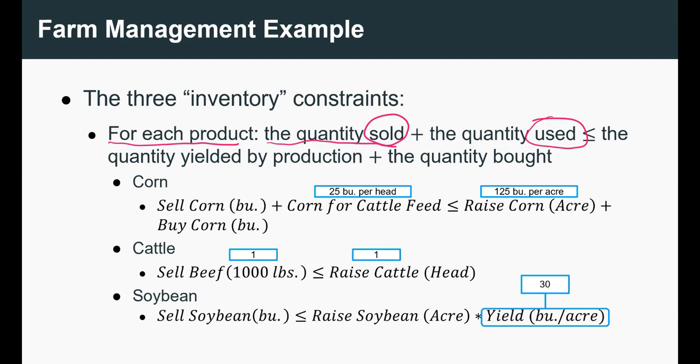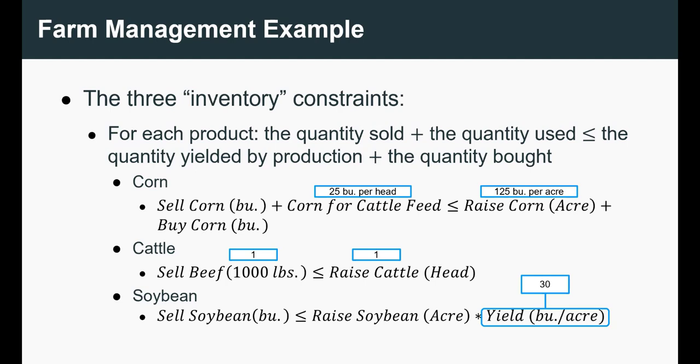Quantities sold and quantities used should be smaller than the quantities yielded by production and the quantities bought. This is similar for all three of them, although for some of them there's no bought, or for some of them there's no used. So basically it's the same relationship.